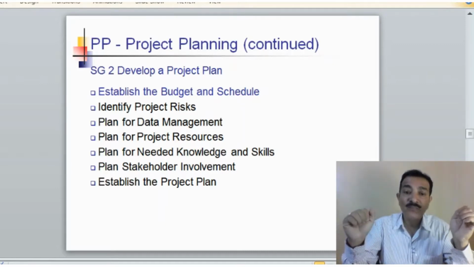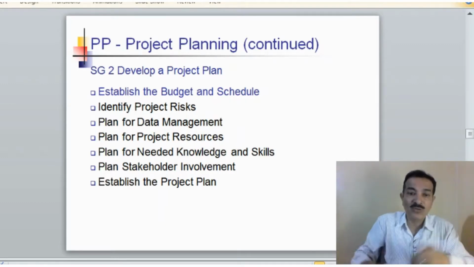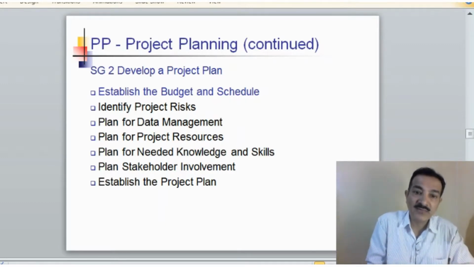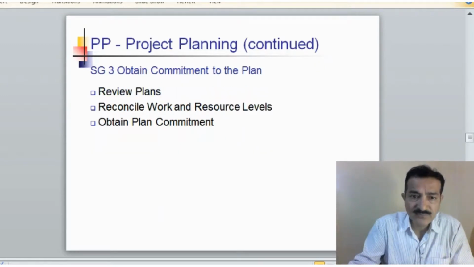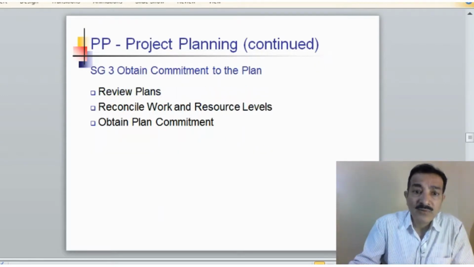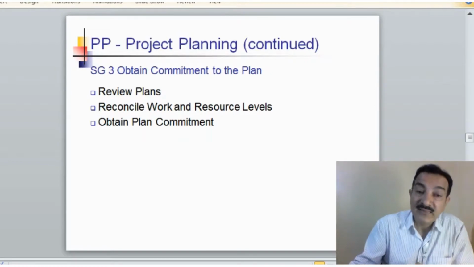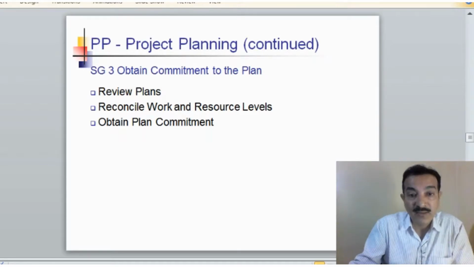You would also plan the involvement of the stakeholders. You will establish the project plan. Finally, at specific goal 3, you will obtain commitment to the plan.